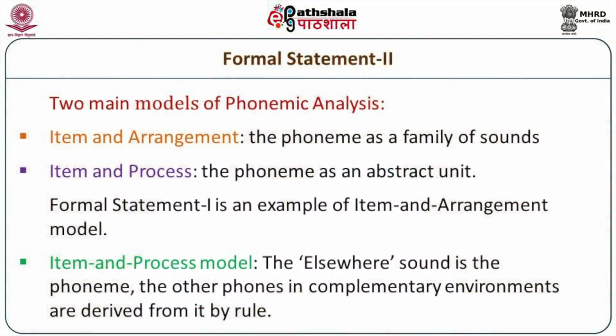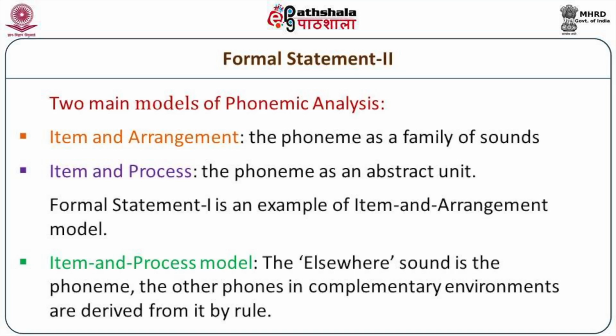The phoneme thus is not stated in terms of itself as an allophone, but rather is assumed to be there everywhere, and the allophones result as a consequence of the application of phonological rules. We thus have two different conceptions of the phoneme and two different methods of phonemic analysis.